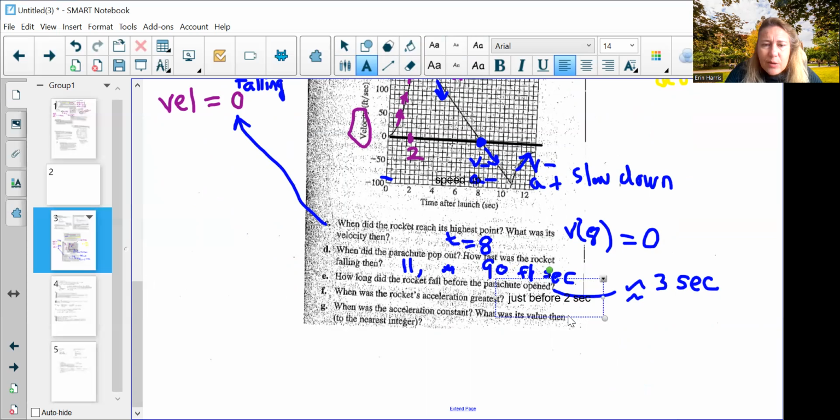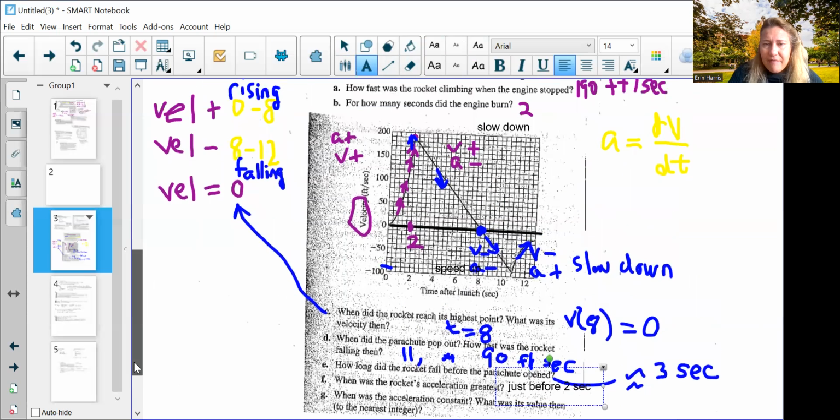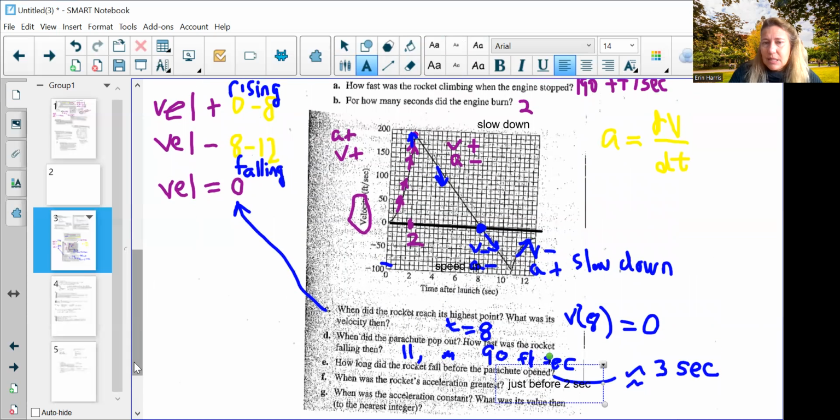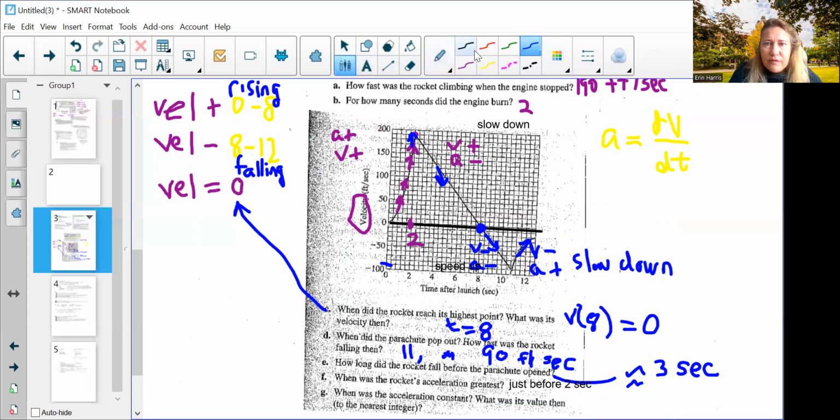And when was the acceleration constant, and what's its value? Again, acceleration is the slope of velocity. When does this velocity graph have a constant slope? All of that would happen where the part of the curve is linear.